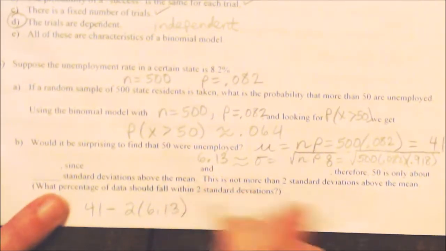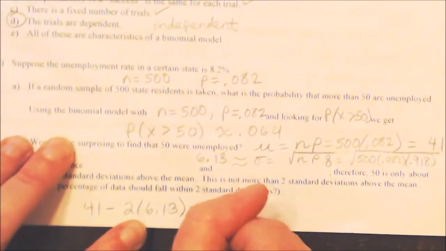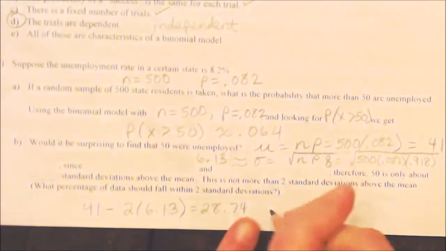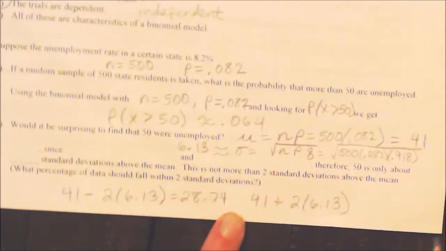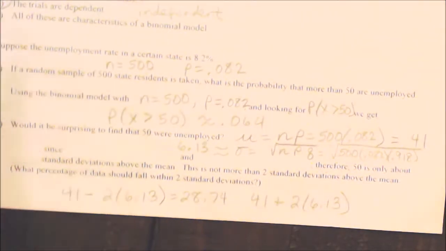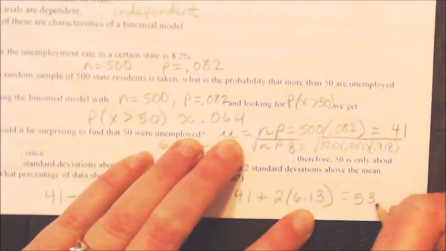What do we get for a lower bound? 41 take away 2 times 6.13, and I'm getting a lower bound of 28.74. If we do the upper bound, 41 plus 2 times the standard deviation, I'm getting an upper bound of 53.26.